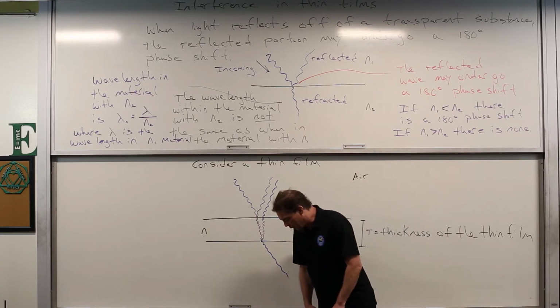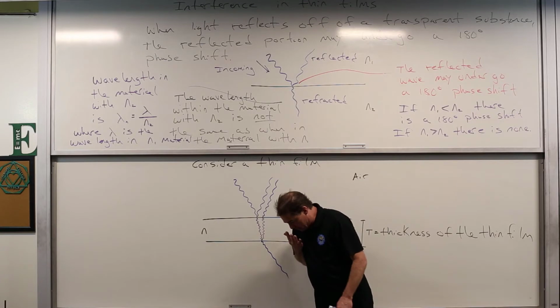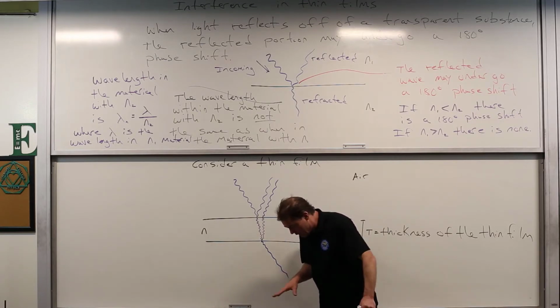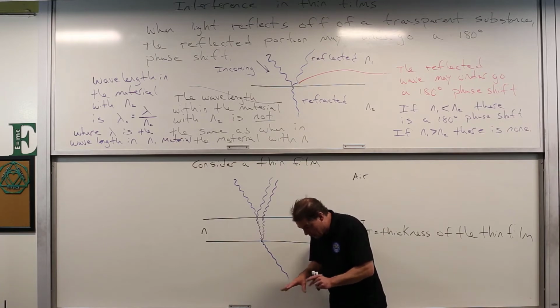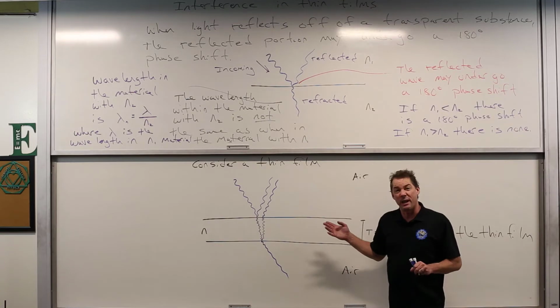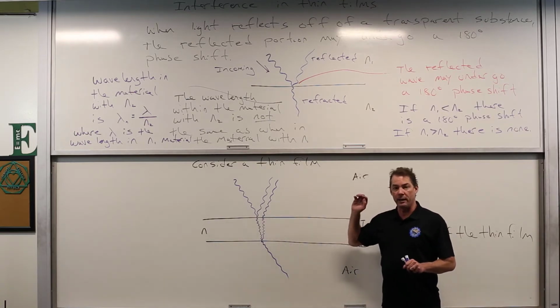So you start looking over a soap bubble that's illuminated with white light, and you've got light hitting at very close to normal incidence, reflecting back into your eyes, and you see these different colors. Why do you see the different colors? Because of constructive and destructive interference due to different wavelengths interfering with one another.